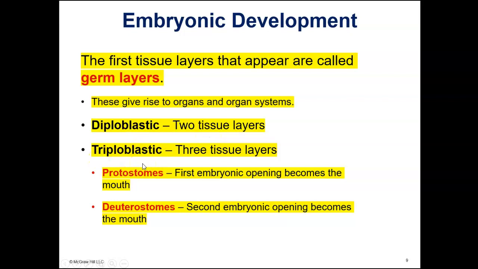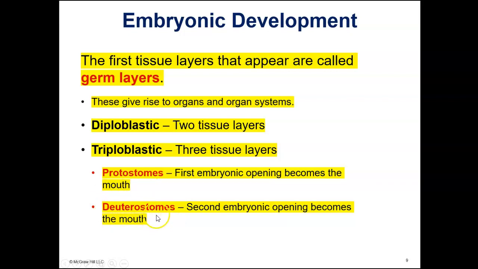And then the rest of the animals in the animal kingdom are triploblastic. That means they have three tissue layers. They have an endoderm, which is on the very inside, and then they have an ectoderm on the outside, and then they have a mesoderm in the middle. So with the triploblastic animals, they can be divided into protostomes and deuterostomes.